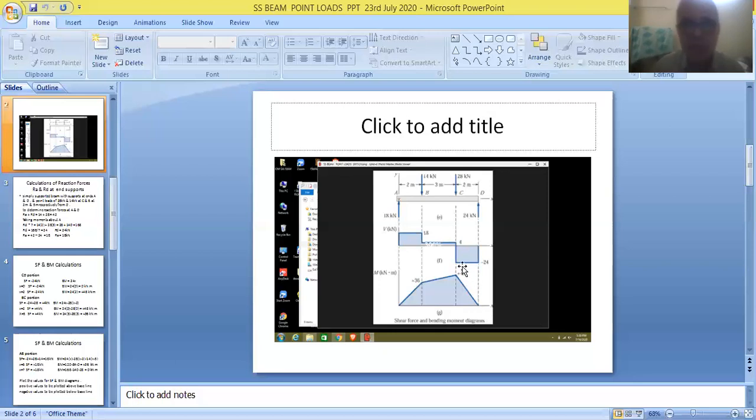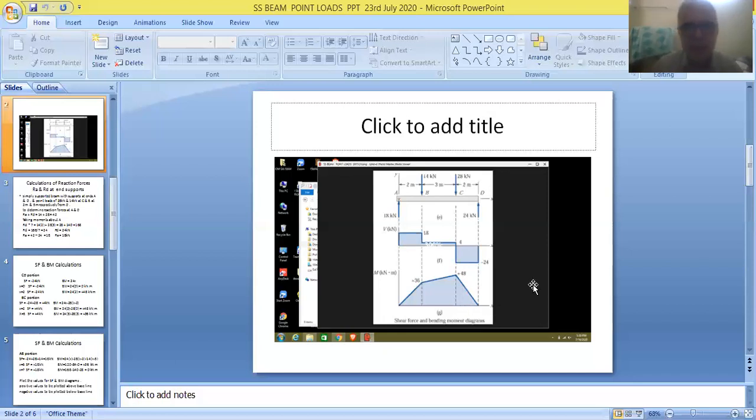So we got some negative values of shear forces. So all the negative values must be plotted below the baseline of the shear force diagram. And we got positive values of shear forces also. So all the positive values of shear forces will be plotted above the baseline. So negative values are plotted below the baseline and positive values plotted above the baseline.